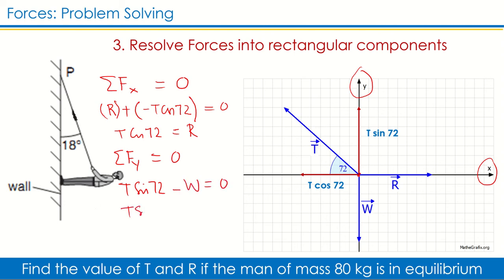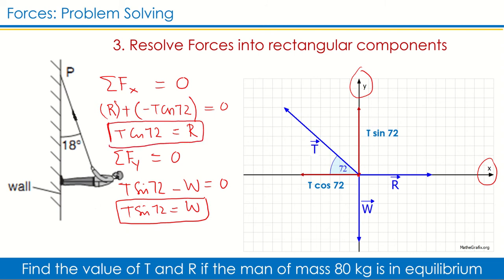So T sine 72 equals W. So we have this equation and that equation, and you are supposed to find both T and R. From the second equation we can find the value of T. T is W over sine 72 degrees.